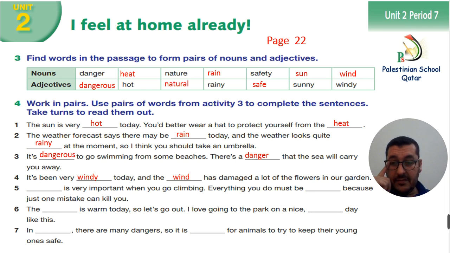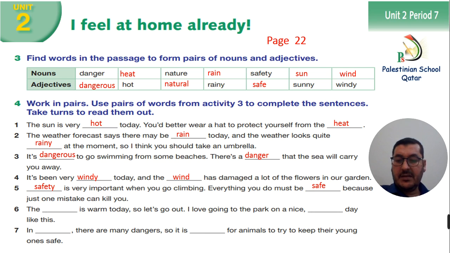Number 5. It's very important when you go climbing. What is it? Safety. Safety is very important when you go climbing. Everything you do must be safe, because just one mistake can kill you.